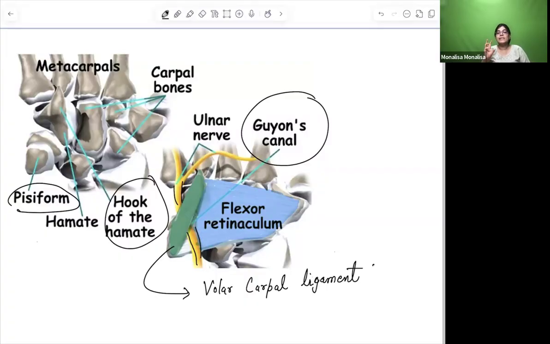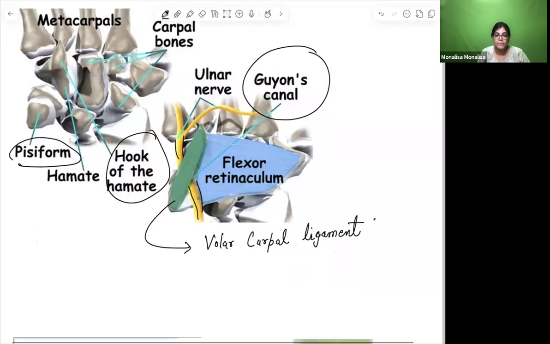Guyon's canal is the space where the ulnar nerve and ulnar artery pass. This space is located superficial to the flexor retinaculum and deep to the volar carpal ligament, and the ulnar nerve passes between which two carpal bones? Pisiform and hook of hamate. So this is an area where the ulnar nerve can be compressed.